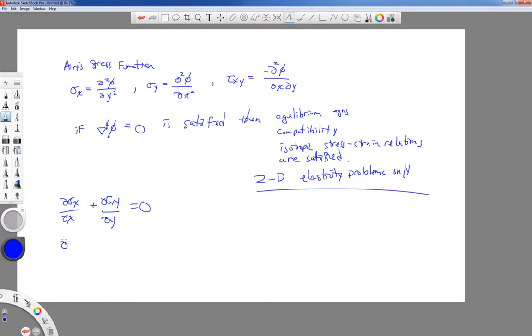And then the partial derivative of tau xy with respect to x plus partial derivative of sigma y with respect to y. Again, if the body forces are equal to 0, that would be equal to 0. And those are equations that must be satisfied if the stress field maintains equilibrium.